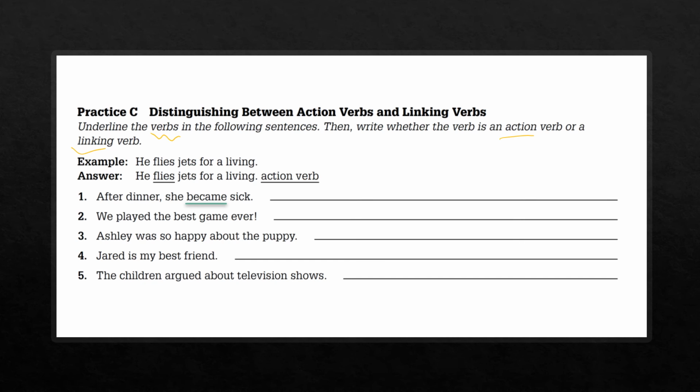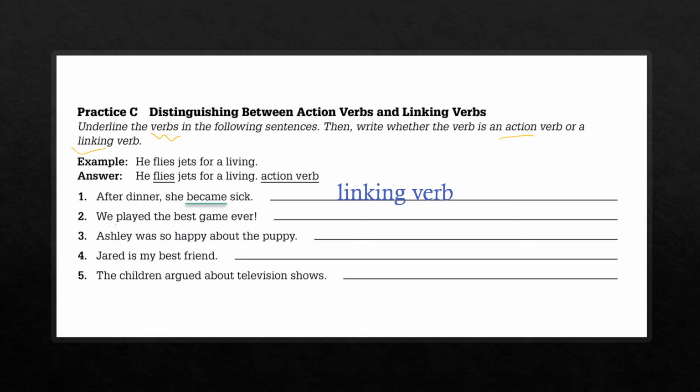Does it just link the subject she with the adjective sick, or does it show us what action she is doing? I don't think it's showing us any action. She is not doing anything, so it is just a linking verb. This is how I question the sentence and the verb. I ask myself questions so that I can come up with the right answer.